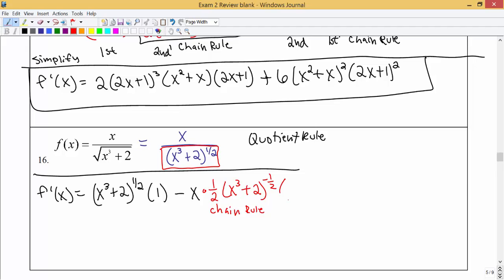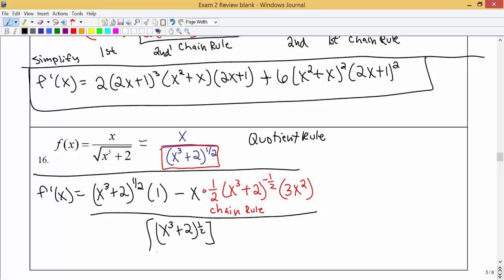And then we're going to multiply by the derivative of the inside. So that would be 3x squared plus 0, or just 3x squared. And of course the quotient rule says we don't stop there. We divide that by the denominator, and then we're going to square it.